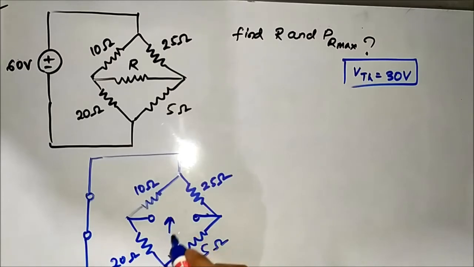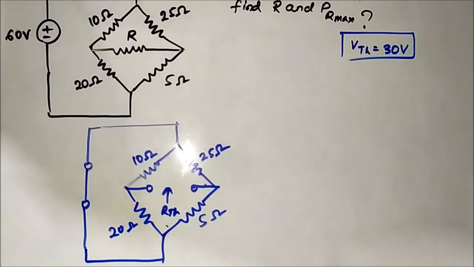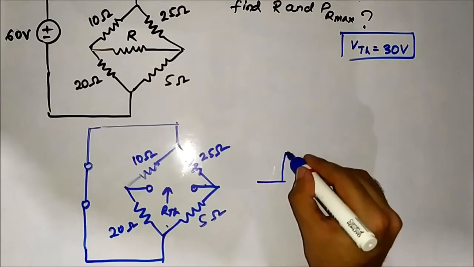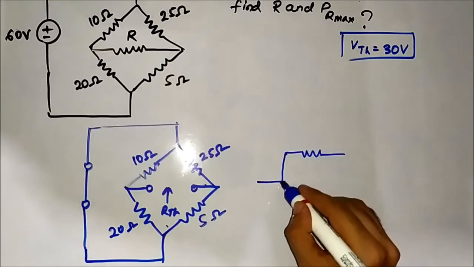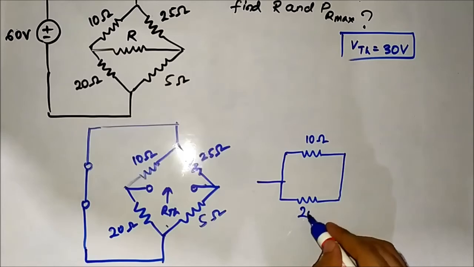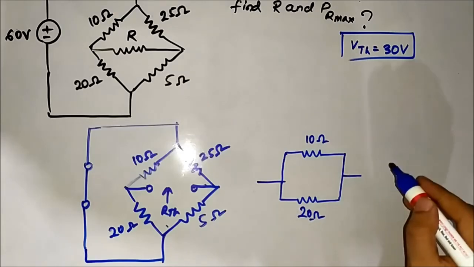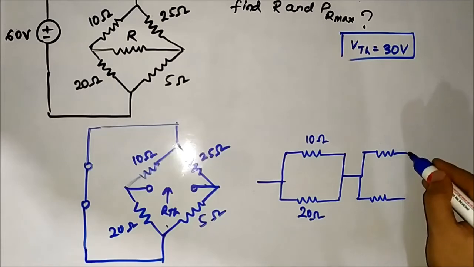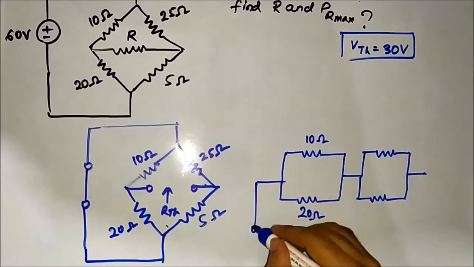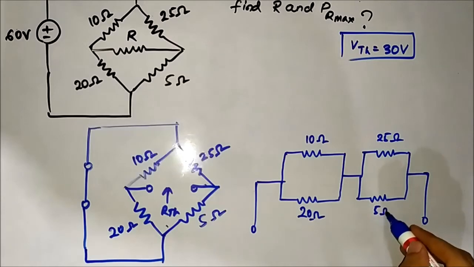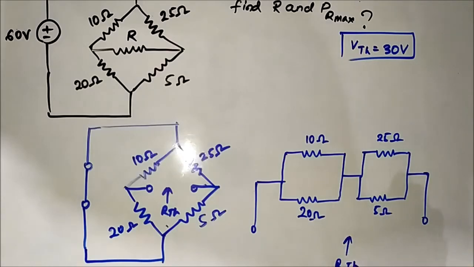You have to find RTH here. So if we try to redraw this circuit to simplify it, it will look something like this. 5 ohm. This would be RTH.